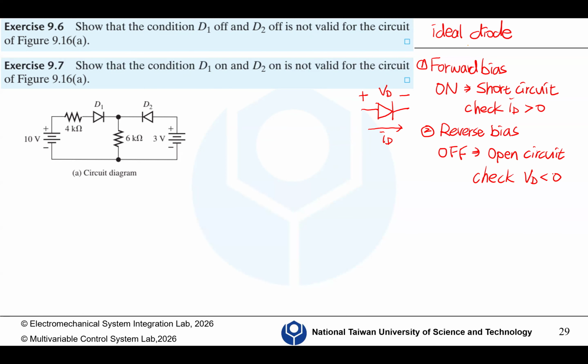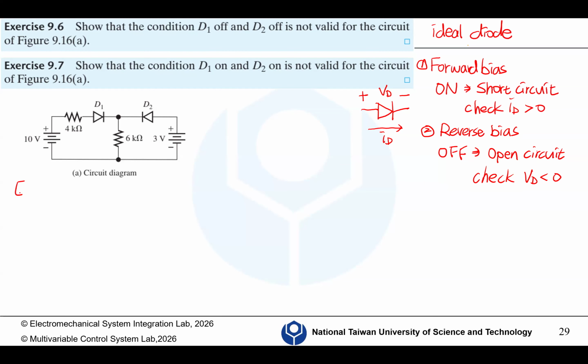And so we look at exercise 9.6. Show that the condition D1 off and D2 off is not valid for this circuit.